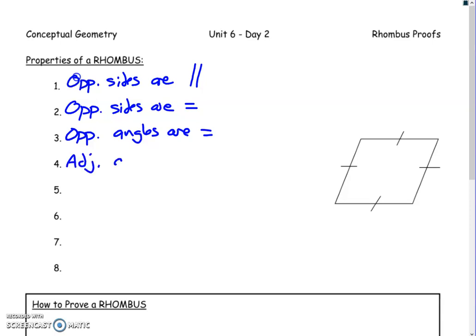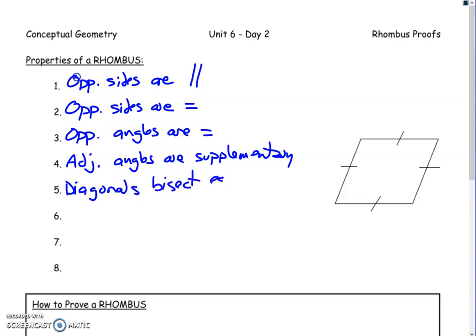Adjacent or consecutive angles are supplementary. The diagonals bisect each other. So those 5 are all the properties of a parallelogram.